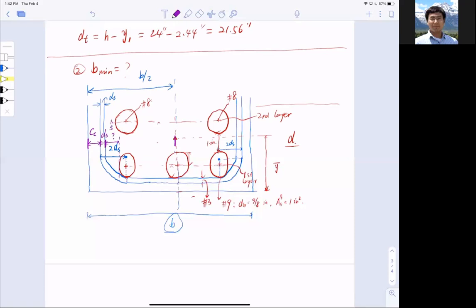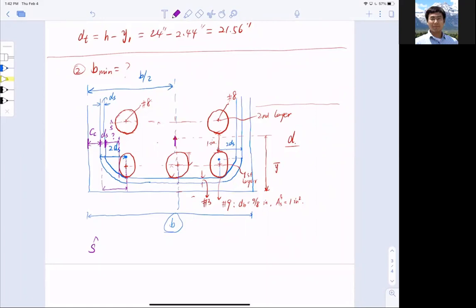Let's figure out this distance first. So S hat is the distance between the inside of the stirrup to the outside edge of the corner bar here. What is that? That distance is actually 2ds.